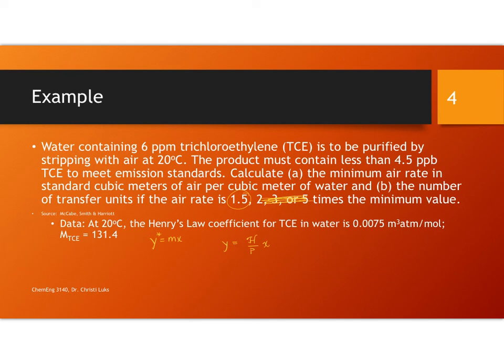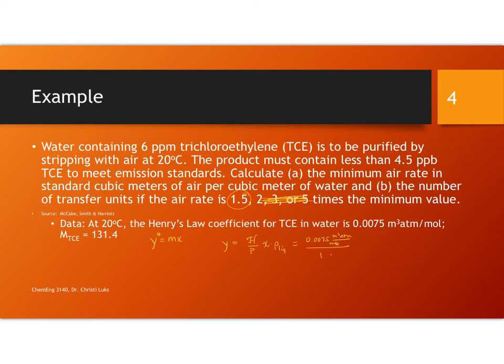And unfortunately, our units, I need these to be in mole fraction, so I'm going to also need to do some conversion here by multiplying by the density of my liquid. And so in this case, 0.0075 cubic meter atmosphere per mole.